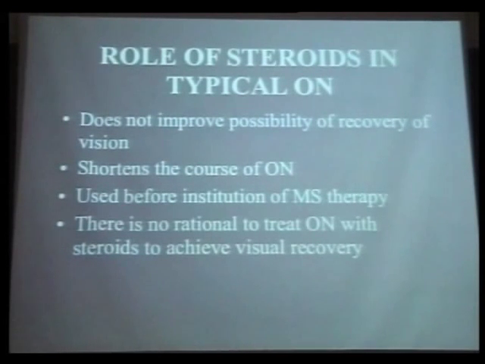And what the trial showed is that giving a patient steroids does not improve the eventual resolution, does not improve the eventual outcome. If the patient is going to get better, they are going to get better without steroids. The only thing that the steroids do is they shorten the course of the optic neuritis.